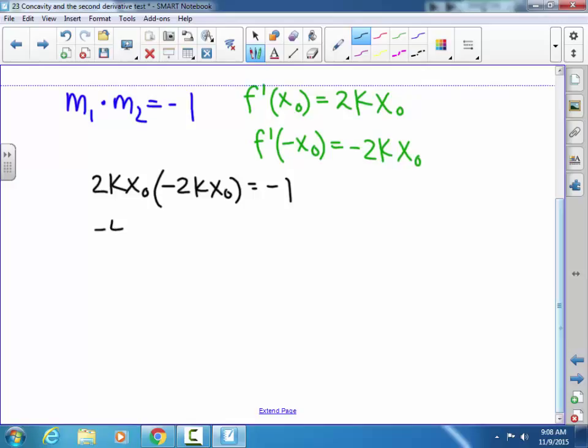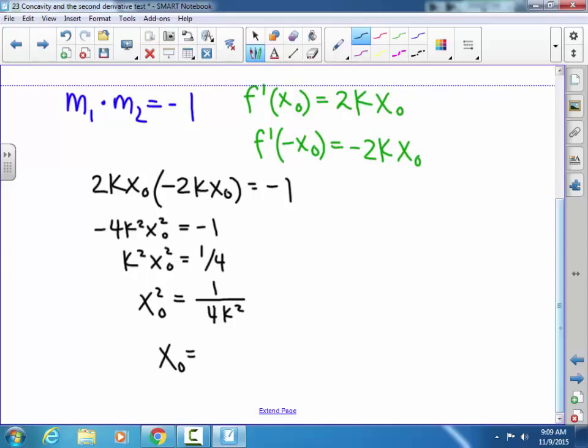And you're solving for x of 0. Okay. What y'all think?